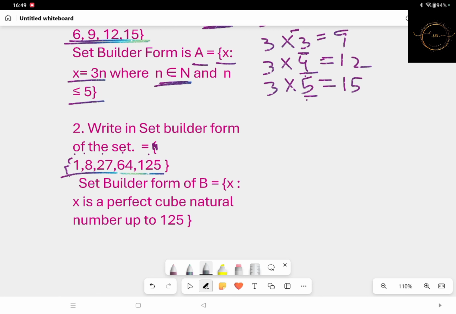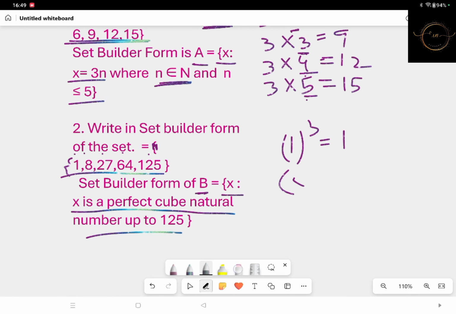So what will be the set builder form? First and foremost, you have to write the name of the set. Let's name it as capital B. So capital B will be, again you have to write it in one single line, x such that x is a perfect cube of a natural number up to 125. Why natural number? Because it's starting from 1. 1 cube equals 1.